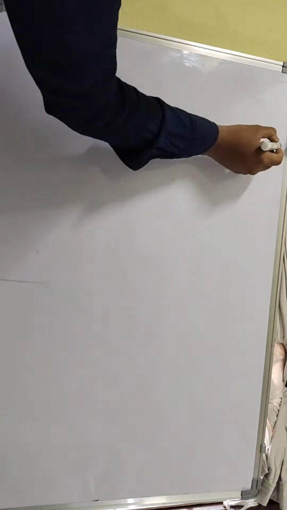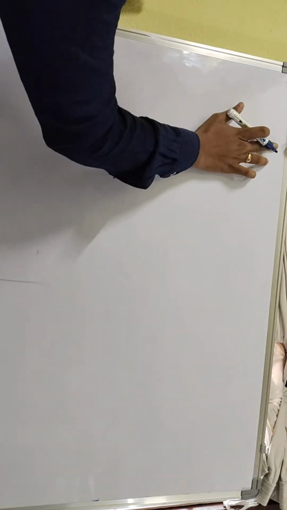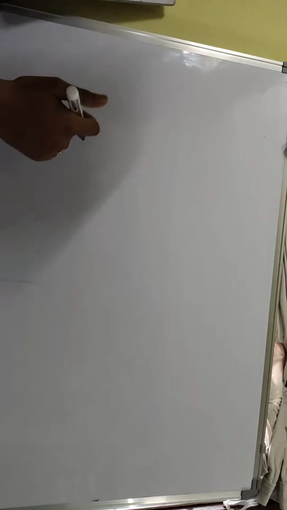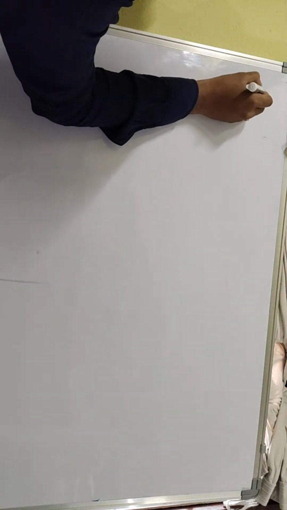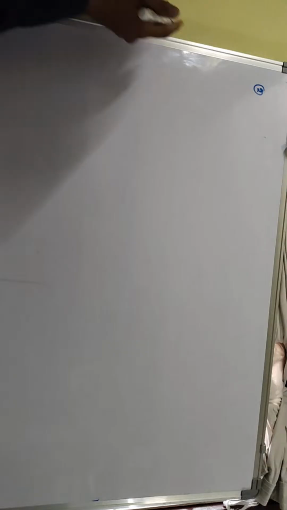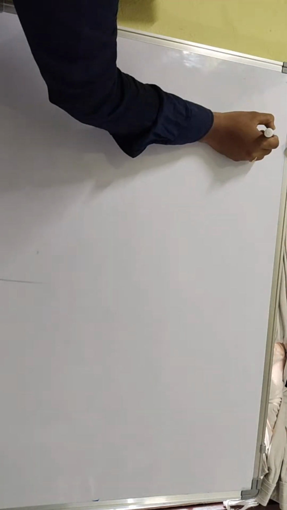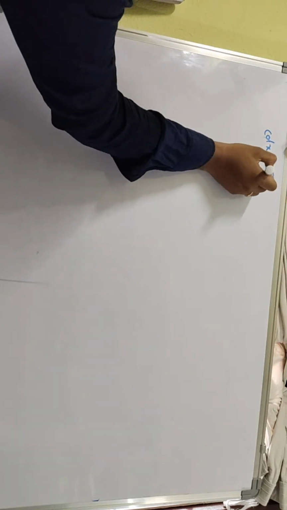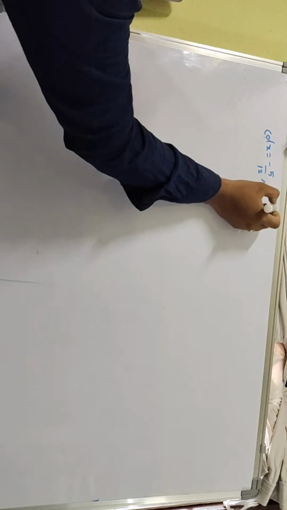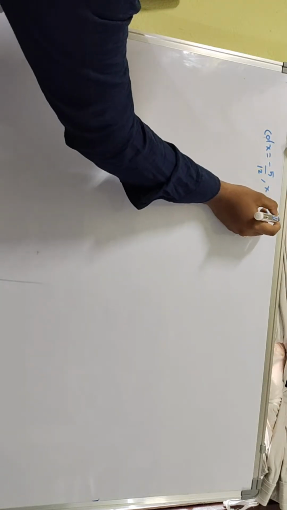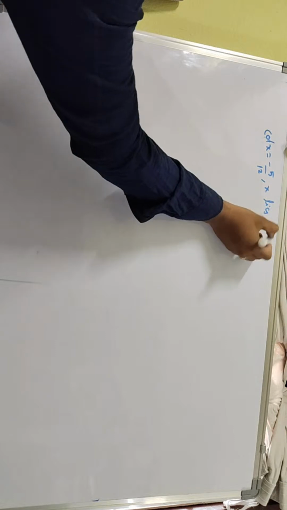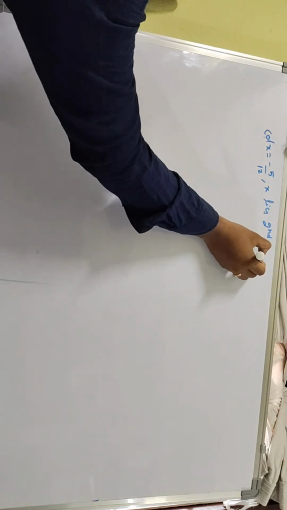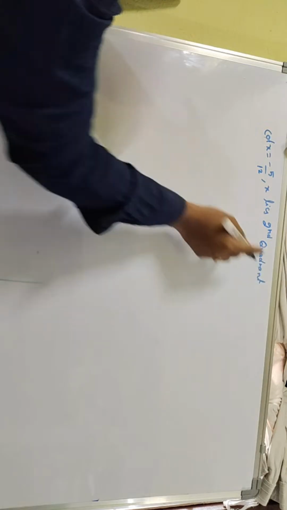And today we are going to discuss trigonometric functions. We have already discussed one class and one question on trigonometric functions. Now the second question is: cot x is equal to minus 5 by 12, and x lies in the second quadrant.